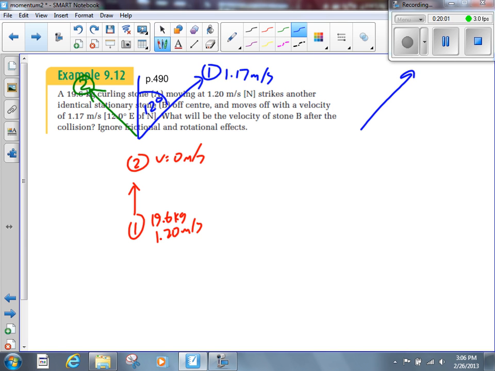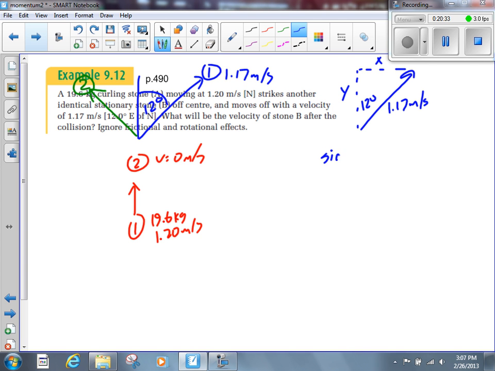We get 12 degrees here with the y-axis. This is 1.17 meters per second. This is x. This is y. Which side of our triangle is the x-axis here? Is it opposite, adjacent, or hypotenuse? Yes, the x side is the opposite side. So we're looking for opposite, and we have the hypotenuse. Which trig function goes with opposite and hypotenuse? Sine.